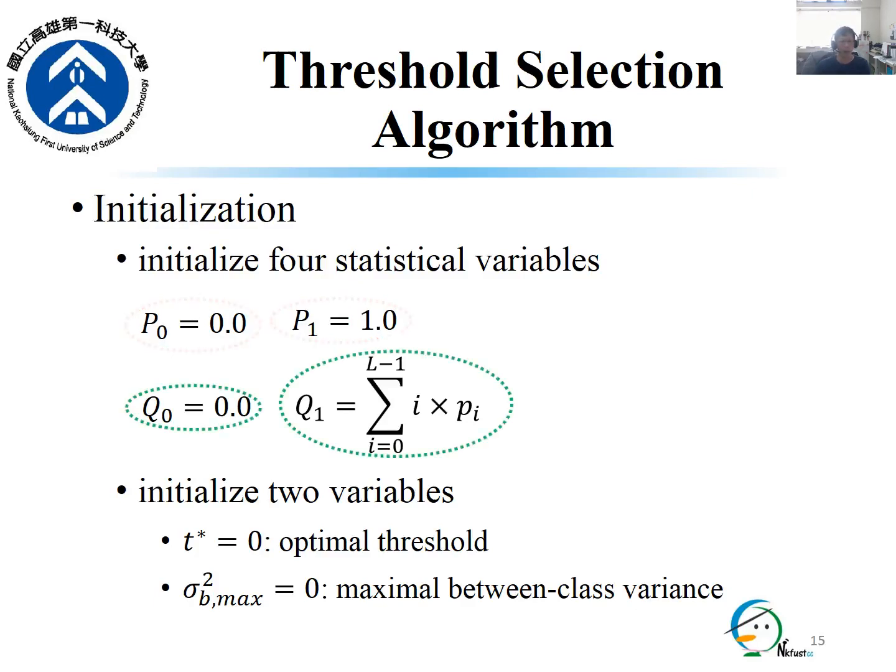The variables Q0 and Q1 record the normalized sum of gray values of class 0 and class 1 respectively, and are also initialized accordingly. The last 2 variables, T star and sigma max squared, record the optimal threshold and the maximum between-class variance explored so far, and both are initialized as 0.0.